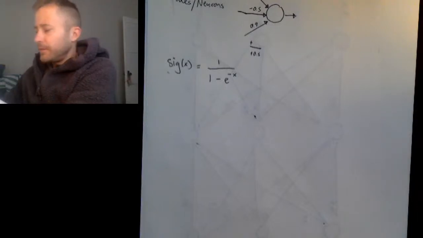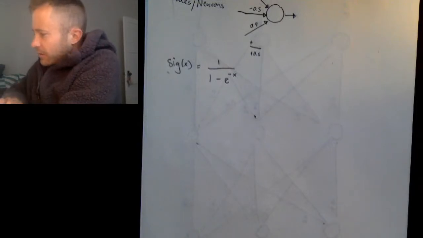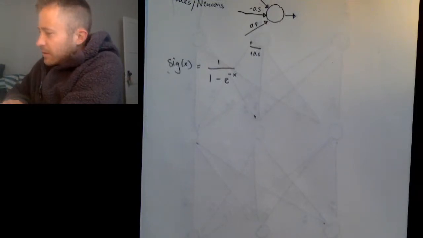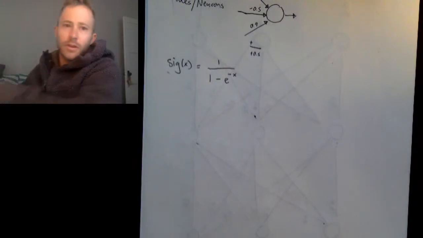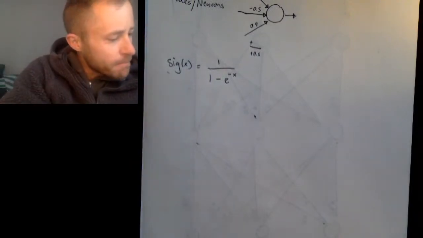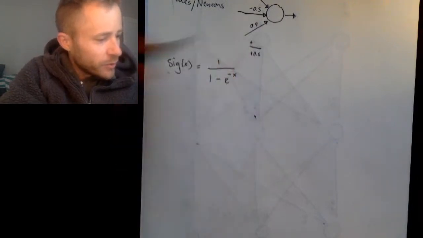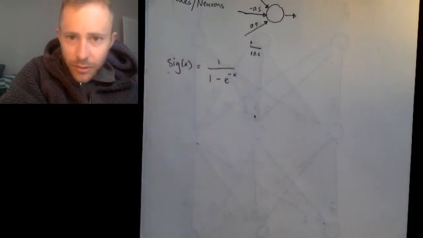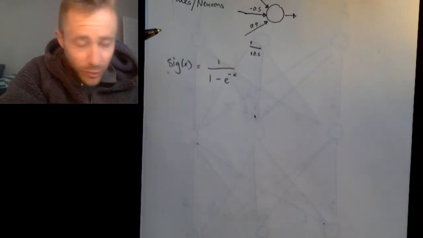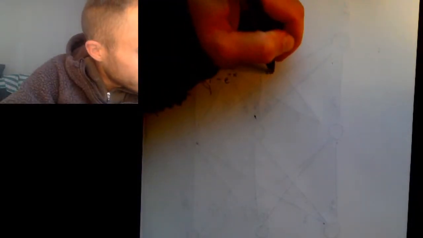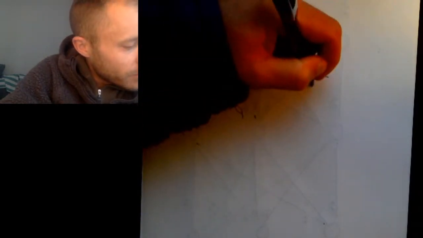No, I've got it right, don't I? Let me just double check. Yeah, okay, I got it right. So what we would do is apply the sigmoid function to 0.5. So sig of 0.5 is going to be 1 over 1 minus e.